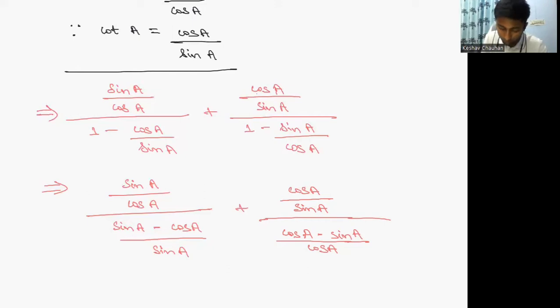Now we'll simplify it further. So this will multiply with this, and this will multiply with this. Same in this case as well.